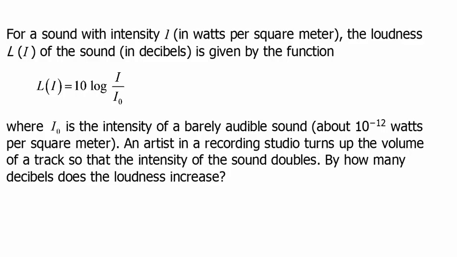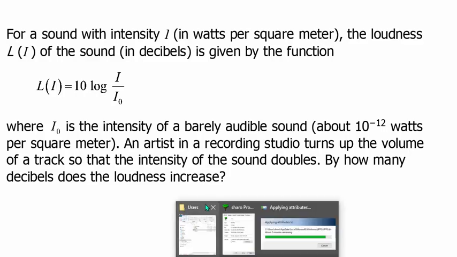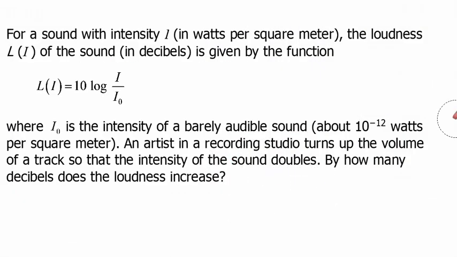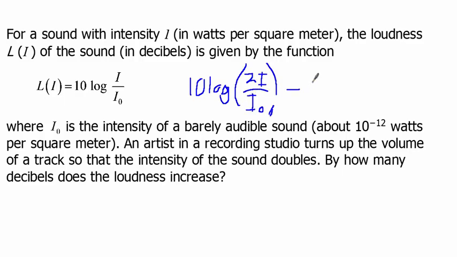If you think about what that's doing, that means for the new power, they are going to do 10 times the log of 2 times whatever the initial amount is. And remembering that division is subtraction, we are going to subtract the initial amount.